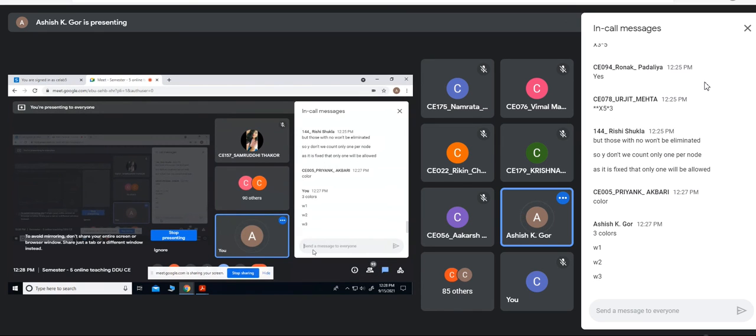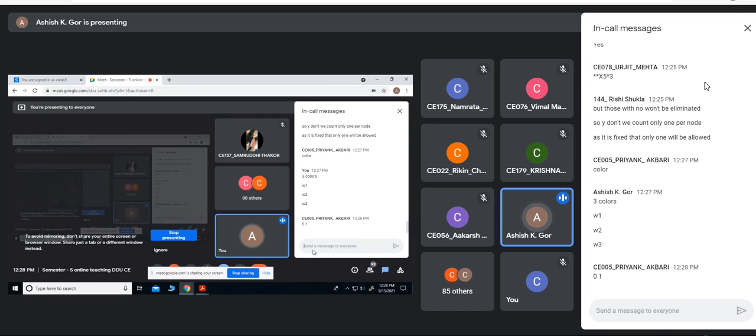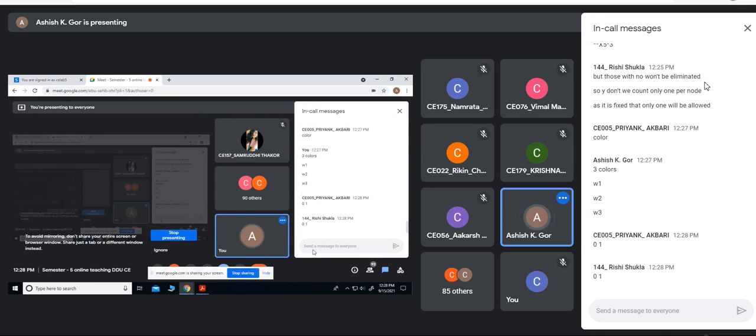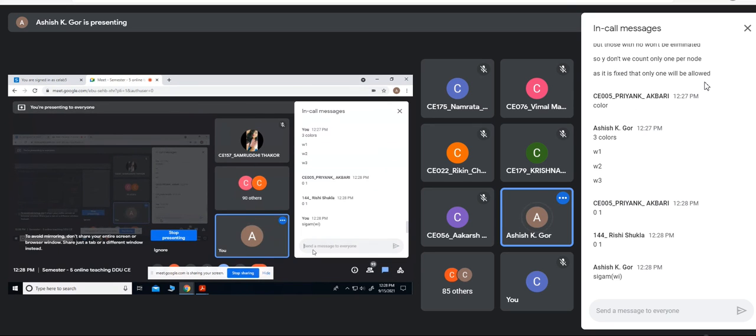And all these variables take which values? Yes, Rishi? What are the values that Wi's can take? 0 or 1? Yes. So that means sigma of Wi, if there are 3 colors, which will be maximum 3?